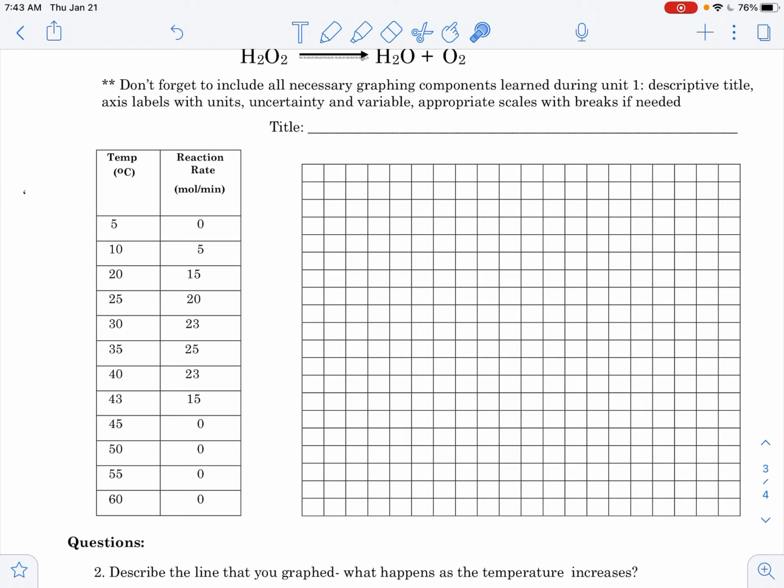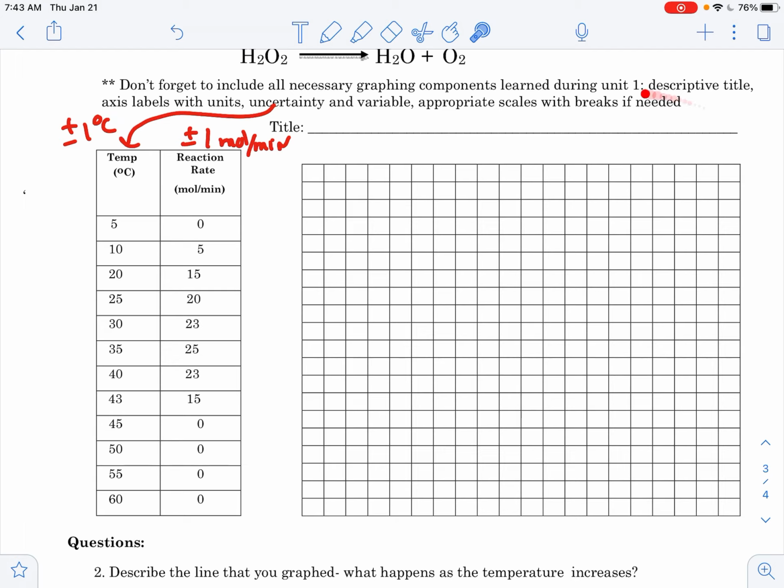So let's assume that the uncertainty for temperature, since it's not showing any decimals, is plus or minus 1 degree Celsius. And again, the reaction rate will just be plus or minus 1 mole per minute, because we don't know the measuring device, but since the data is written that way, we're going to assume that's our smallest increment for uncertainty.